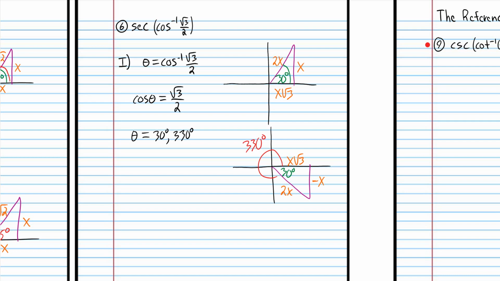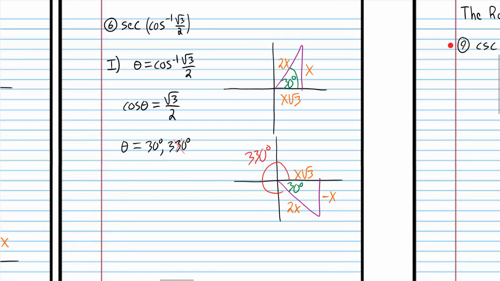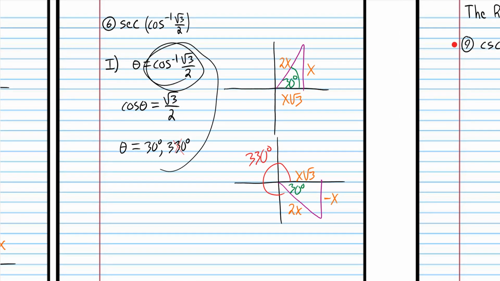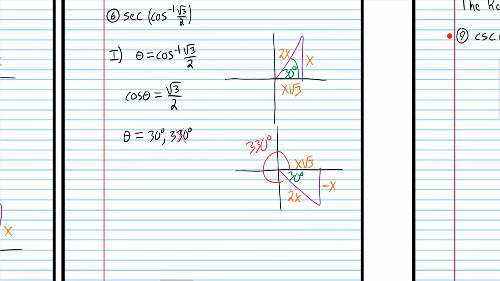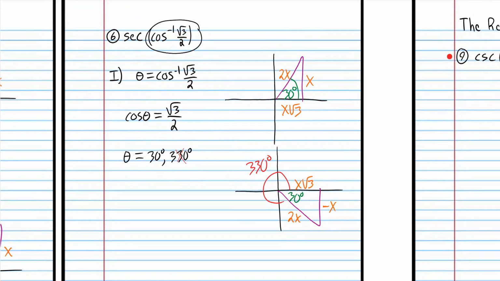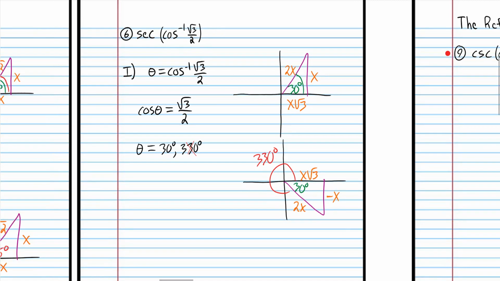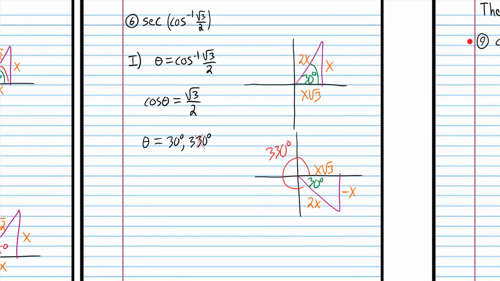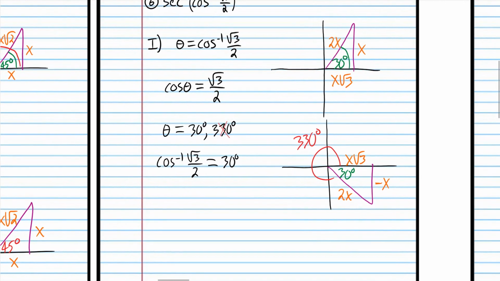But we're not looking for those angle measures, we're just looking for the value of cosine inverse as a standalone expression. So cosine inverse of root 3 over 2 is equal to 30 degrees. So now we can go on to part 2 of the problem.